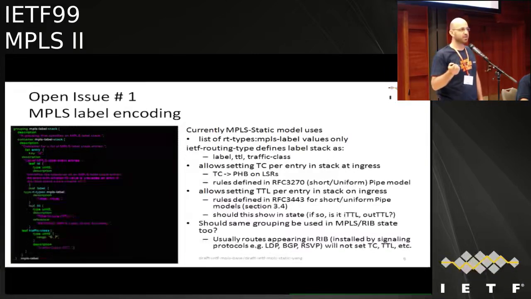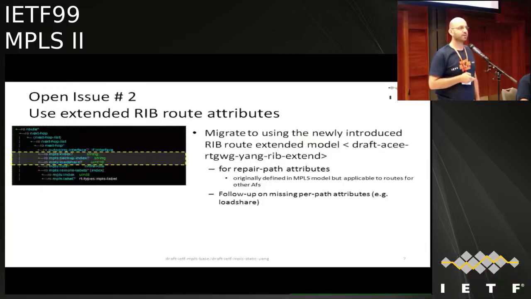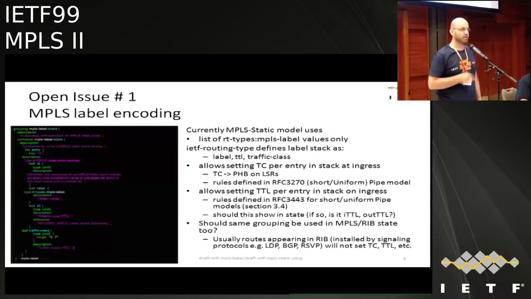TTL I have less of an opinion on, but you said TC is not there, correct? Currently it's not in our model. I'm suggesting that it might be a good idea to include it. Yeah, it's a good idea. I agree. Should we then update the grouping defined in routing types, or have a different grouping without the TTL there? That's the question I will ask the routing group YANG modelers.